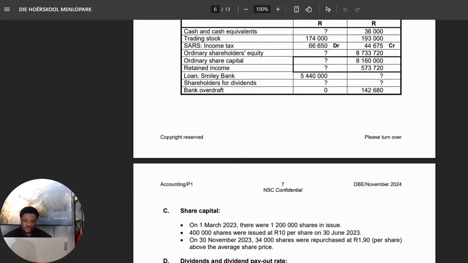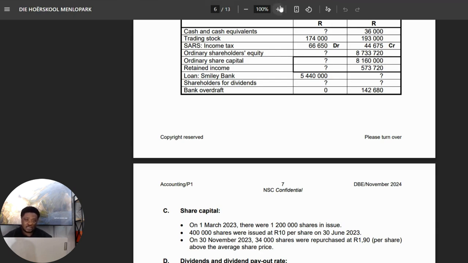You can see here that in the previous year, we had ordinary share capital of 8,160,000 relating to how many shares? Well, it would relate to the shares that were in issue on the last day of the year, i.e. the first day of the current financial year. So that is 1.2 million. And then after that, we would add the amount generated this year, which was 4 million, and also divide by the number of shares, and then we'll get an average.